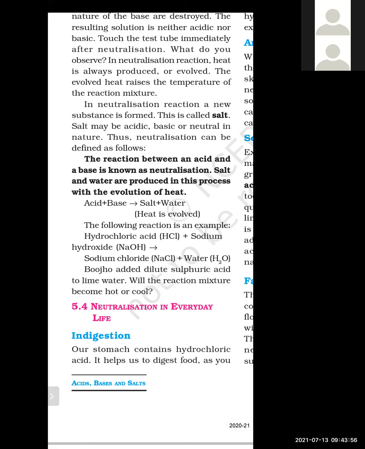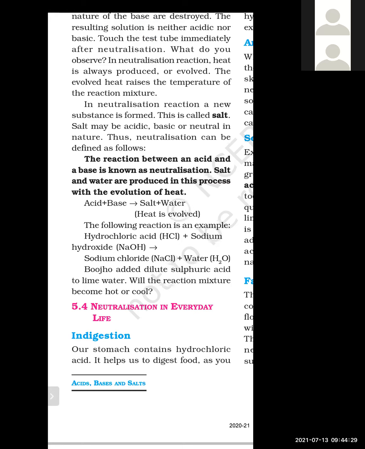What are those basic substances? Like eno and some medicines which have basic nature. When that basic substance reacts with the acid produced in our stomach, that base will neutralize the effect of the acid, and after some time we feel relief. This is the process which happens when indigestion takes place in our stomach.